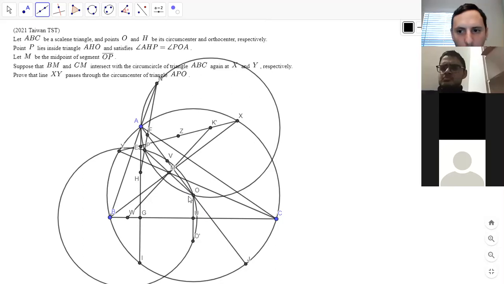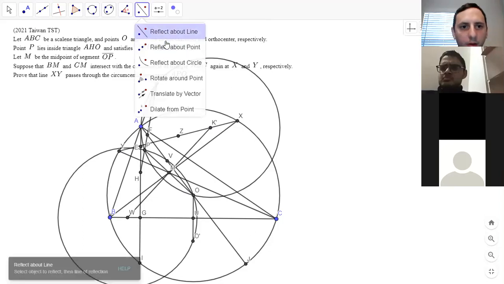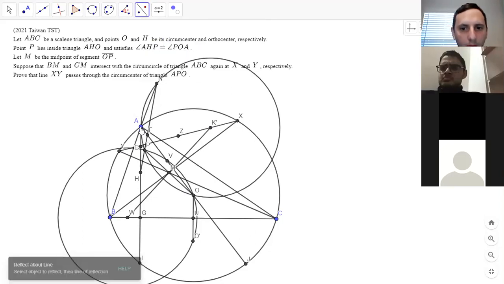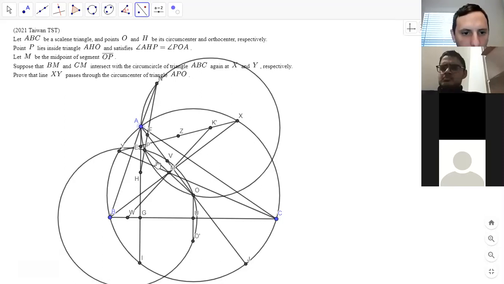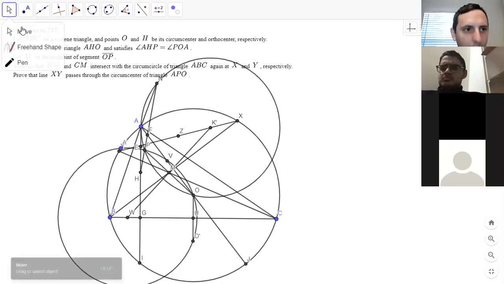I guess if we show that the reflection of A over PO lies on that circle, then we are done. Let's see, by the symmetry, basically. Is it the intersection of those two circles?